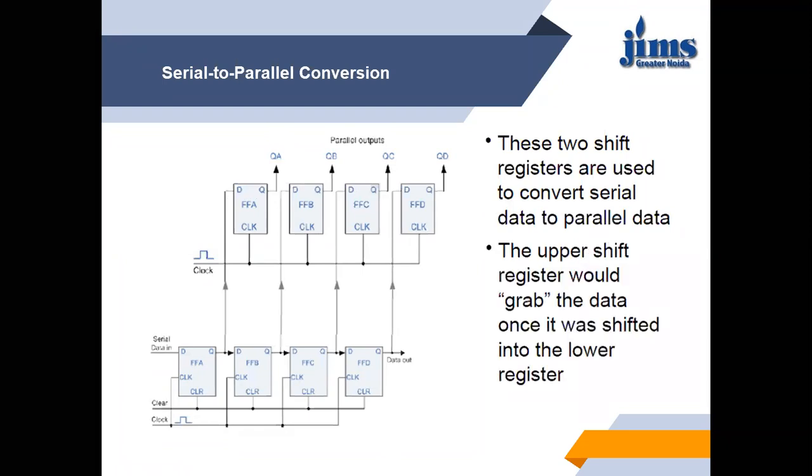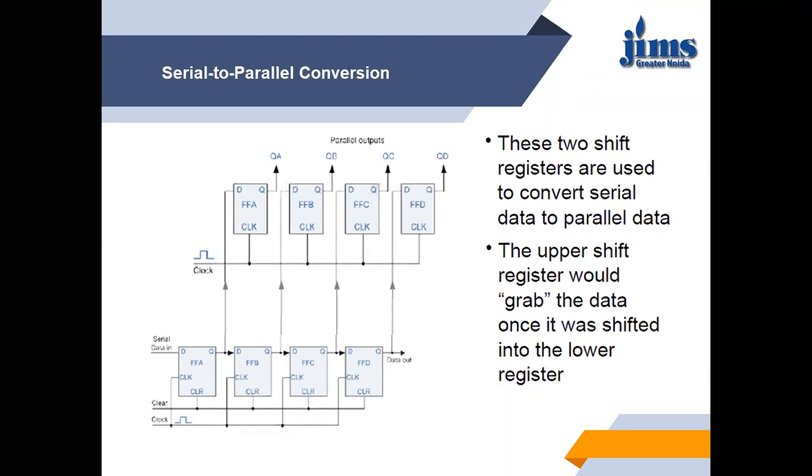The upper shift register grabs the data once it has been shifted into the lower register. Whenever the lower register is fully loaded, with a single clock cycle the data is fetched out from the upper shift register. So the lower shift register requires 4 clock cycles and 1 clock cycle is required to load the data into the output. So it requires n plus 1 clock cycles, and again we can say in speed, as in the case of serial in, serial out, the parallel version is comparatively faster.